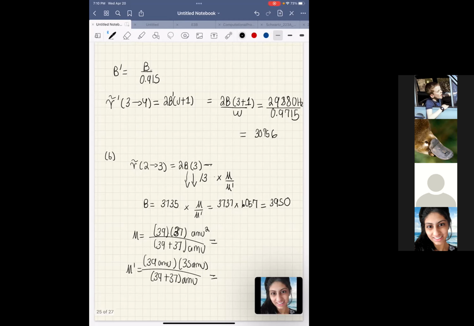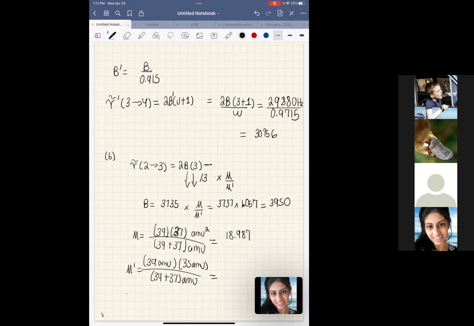Let me put what I got for the reduced mass here. 39, 37. Okay, 18.986. I'll just say 19 because I want to round. Maybe that's the problem, because I got 18.5 and 19.5. I think it's your calculator or something.